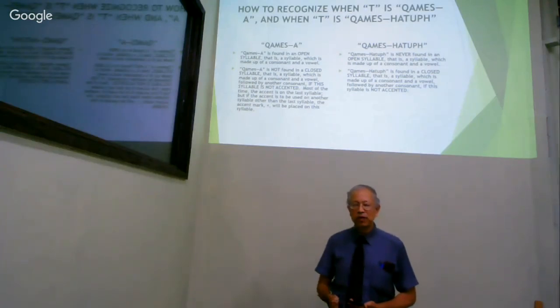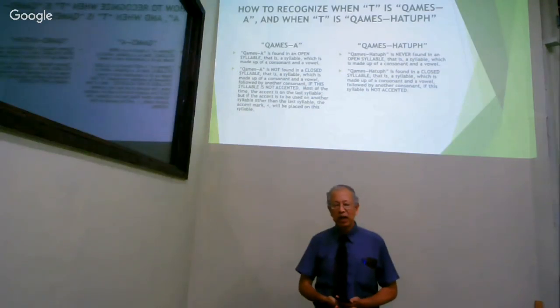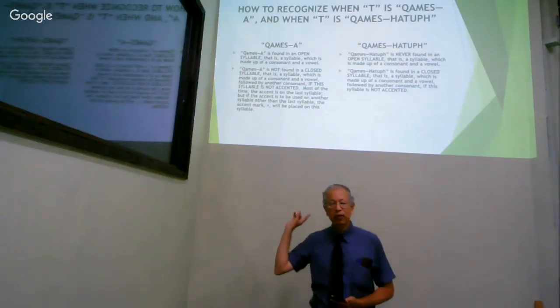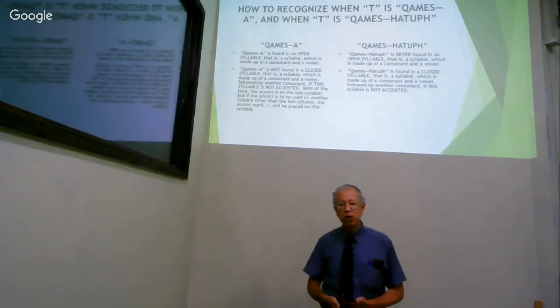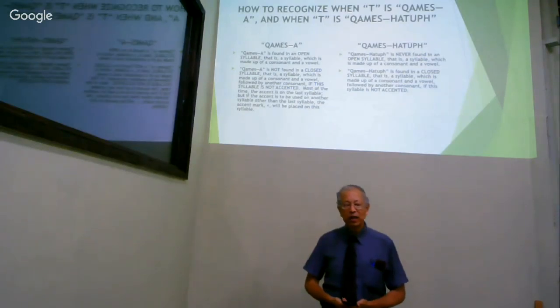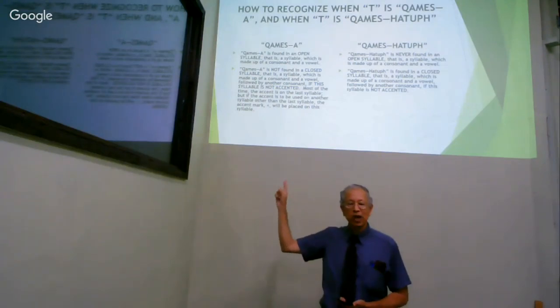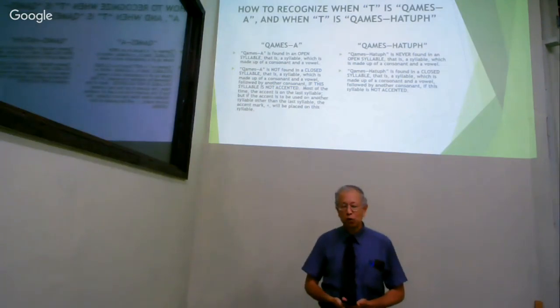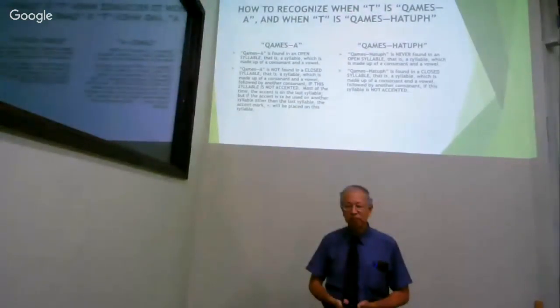Now on the left side of the screen, you have Qames-A. On the right side of the screen, you have Qames-Hatuph. And so I'm going to be comparing and looking at how do you know when the same symbol that is used for Qames-A and Qames-Hatuph is one or the other.